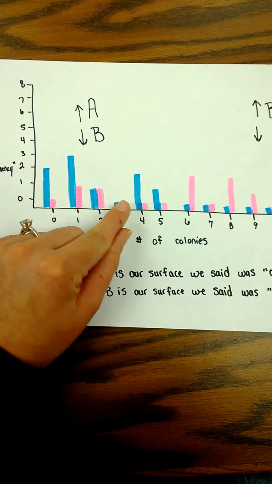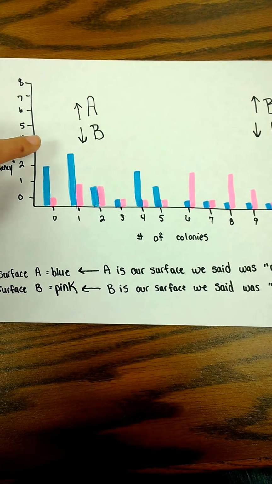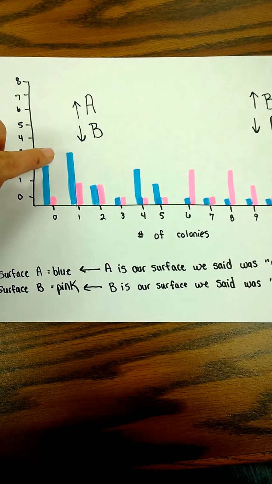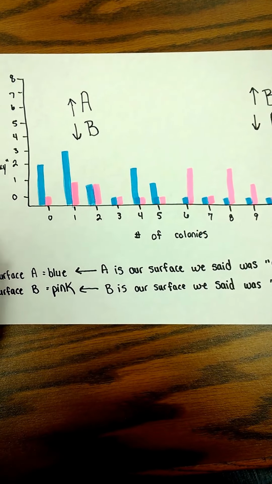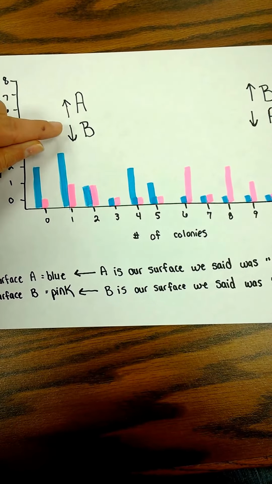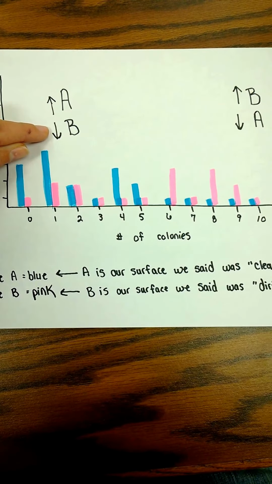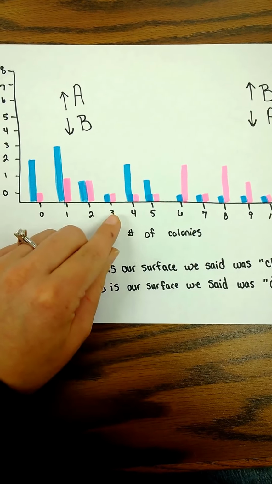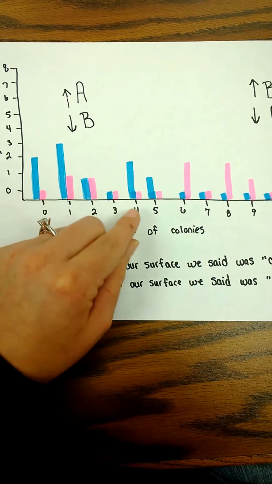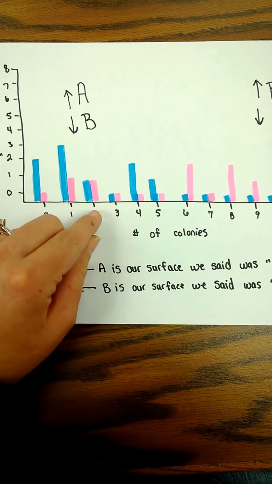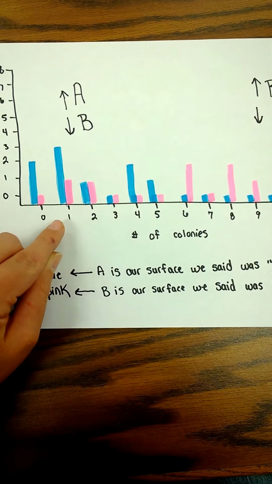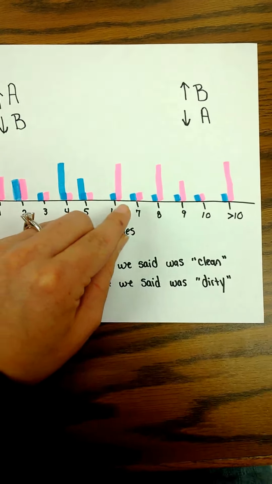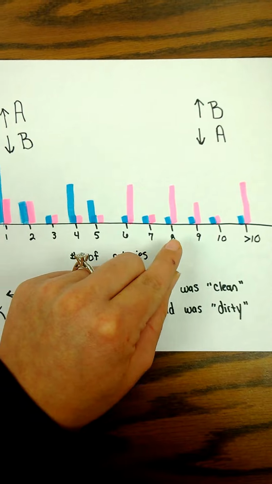When we look at this side of the graph, we can see that surface A, our blue bars, are higher than surface B, meaning that surface A at this point in the graph actually has fewer bacteria as compared to this side of the graph.